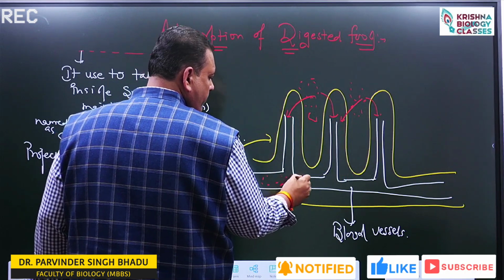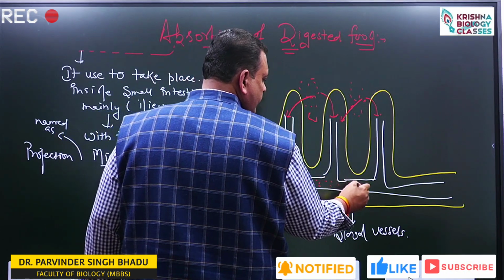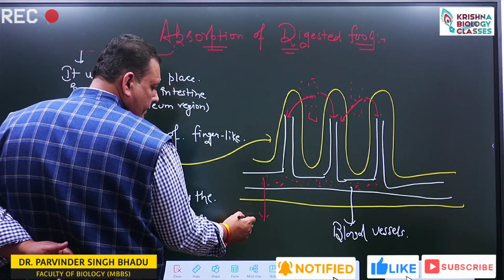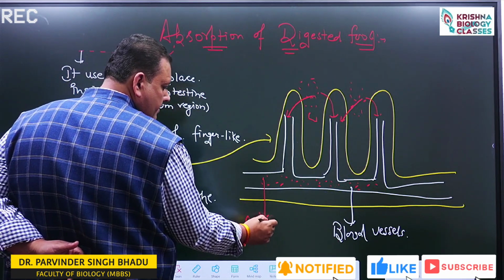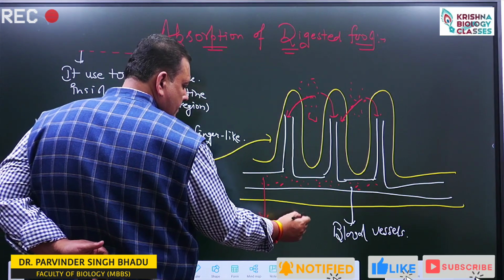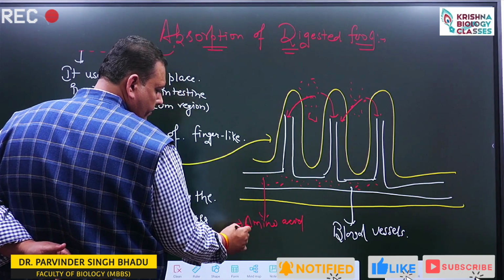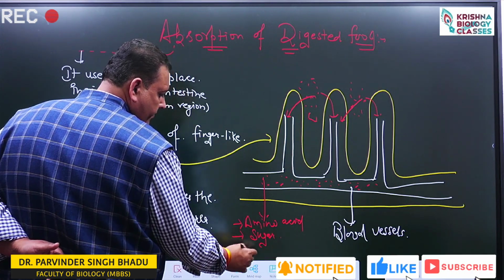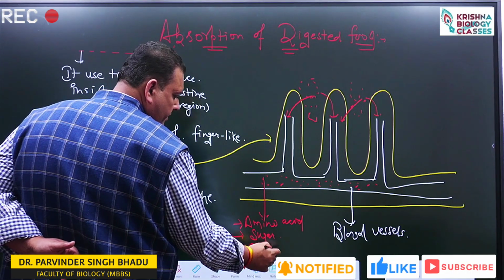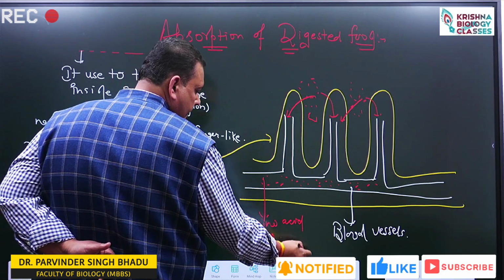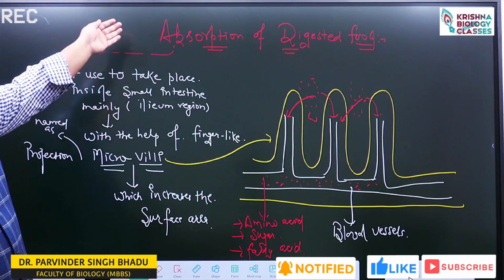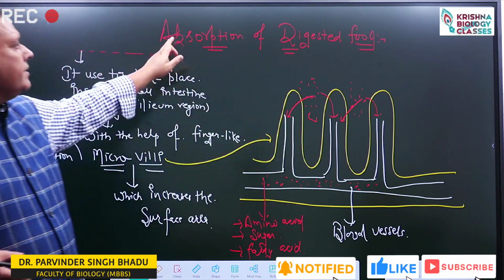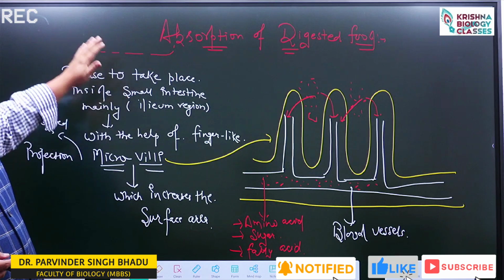So in the end, food particles reach inside the blood vessel: protein in the form of amino acid, carbohydrate in the form of sugar, and fat in the form of fatty acid. The process by which digested food enters inside our blood vessel is named as absorption of digested food.